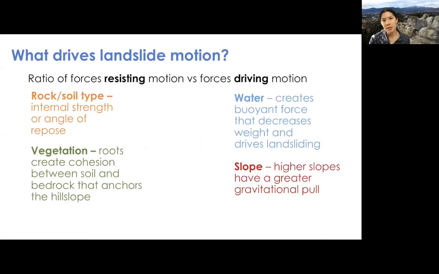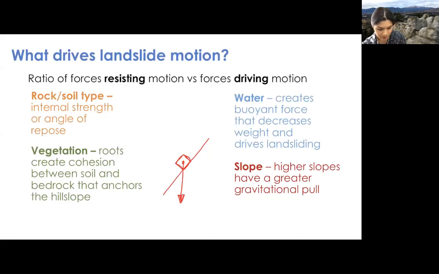All right, and the last main driving force may be fairly intuitive, but it's going to be the slope. The steeper slope you're on, the more gravity is pulling down on that material, and the more the material is likely to fail. So if you have a steep slope here and you have some box of soil on top of it, right, we have gravity pulling directly down on that.